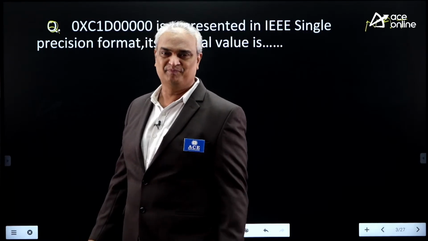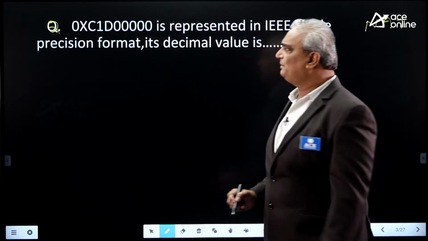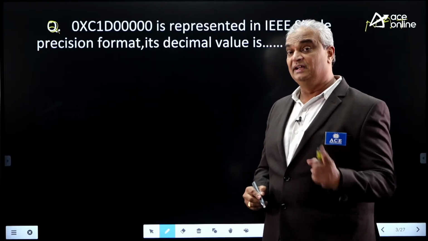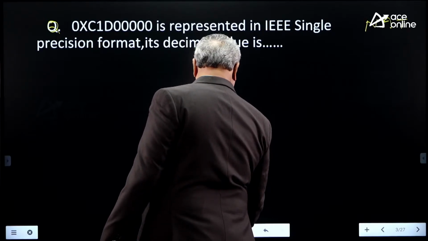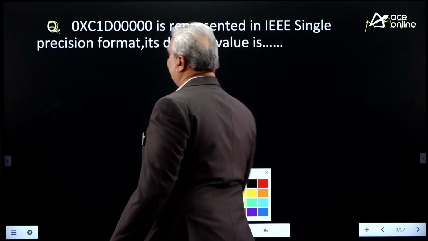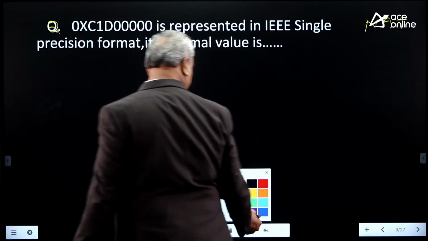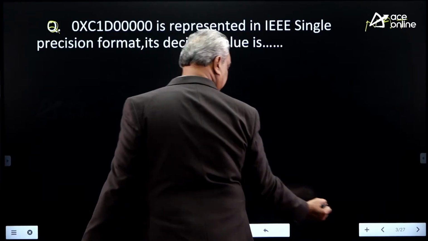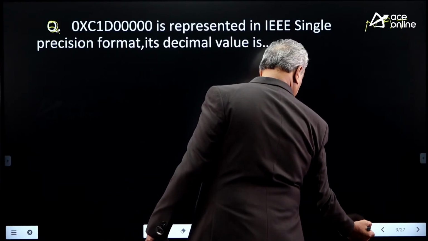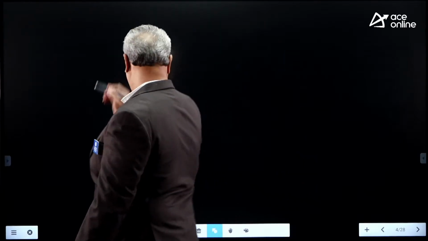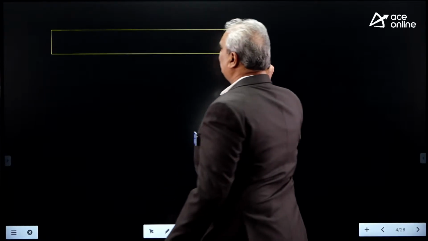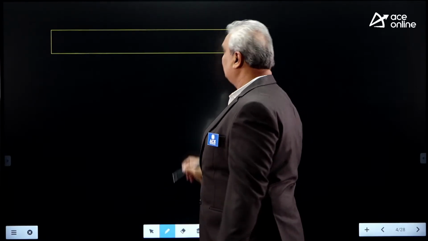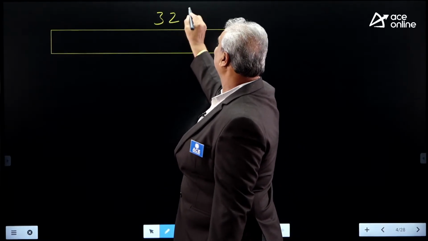Already we know the same. It is nothing but IEEE single precision format. Immediately remember: what is IEEE single precision format? Its size is 32 bits.